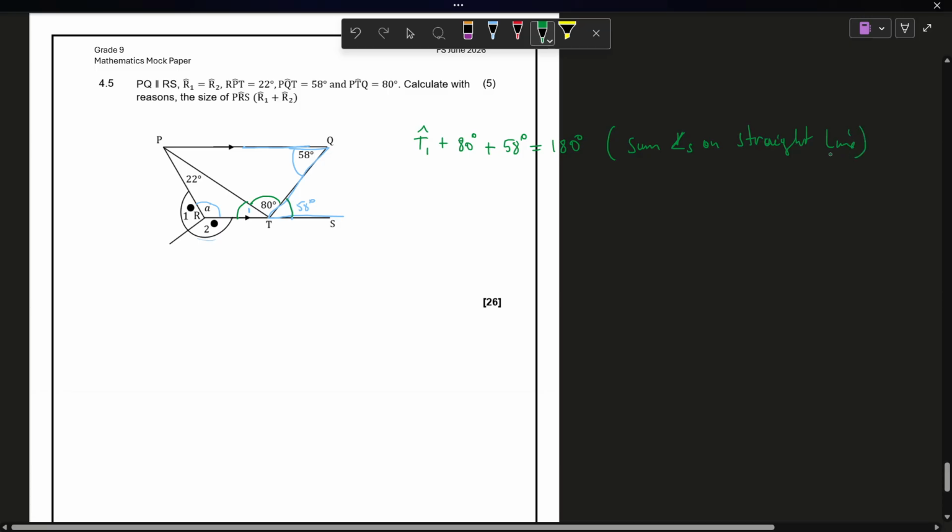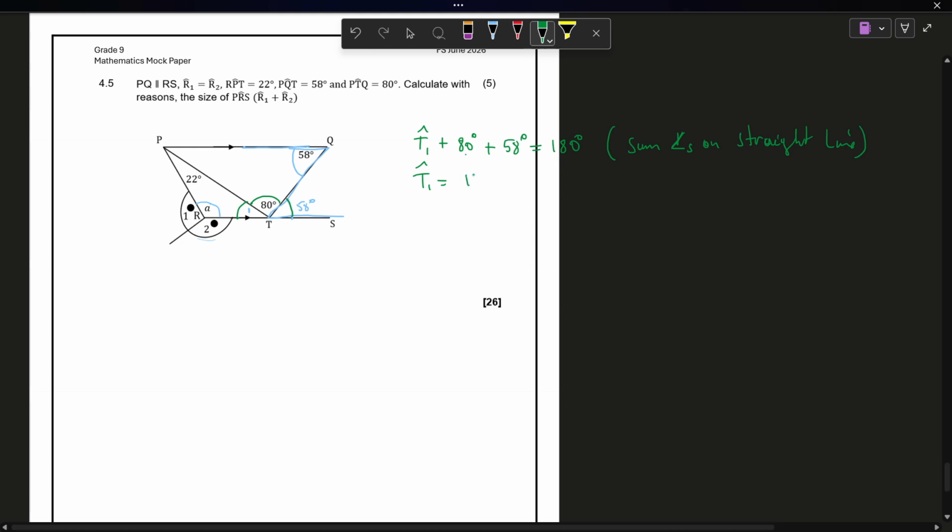Right? And now with that we can find T1. I'm sure we can do that. So all we need is a calculator. So T1 will be, we bring all this on the other side, on the right hand side.